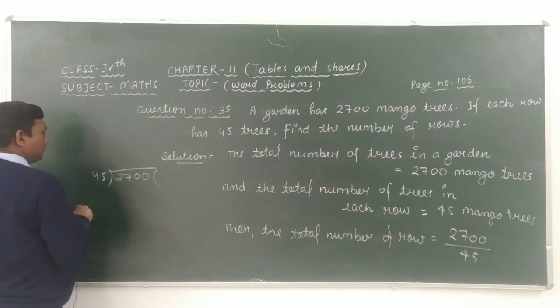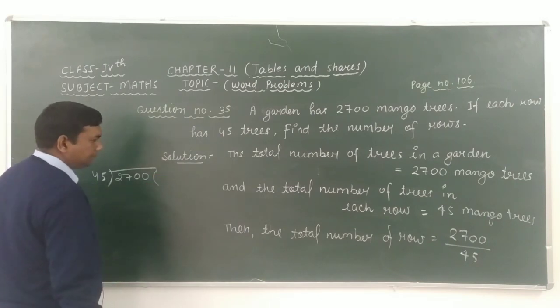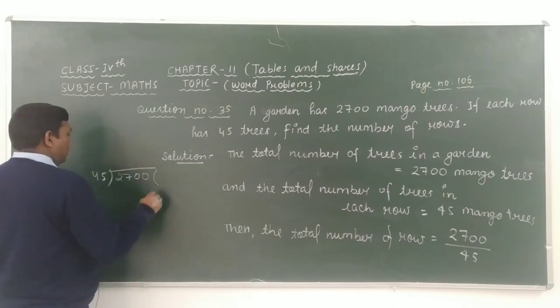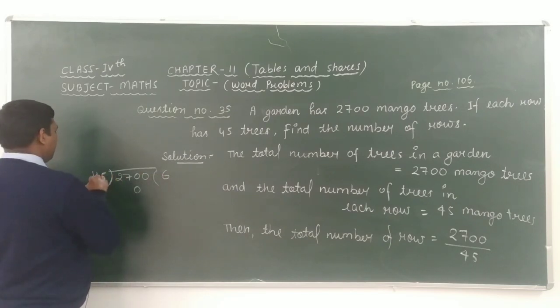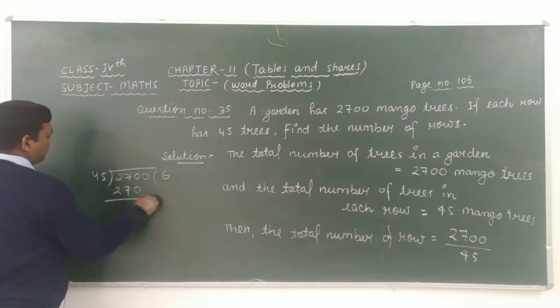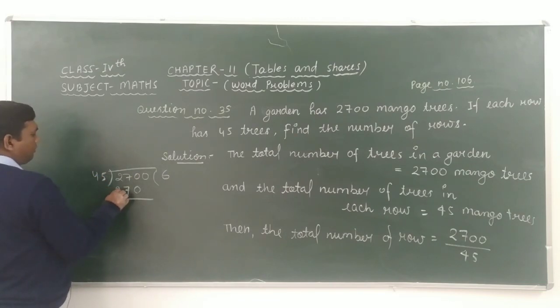Recall the table of 45. 45 6s: 6 5s are 30, write 0 and carry 3; 6 4s are 24, plus 3 is 27.